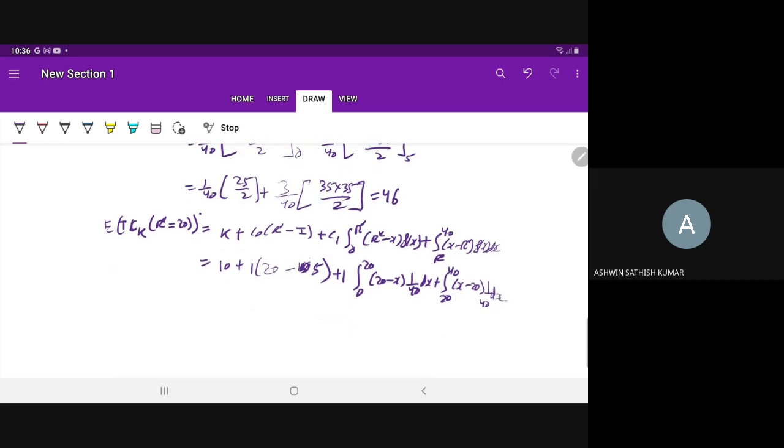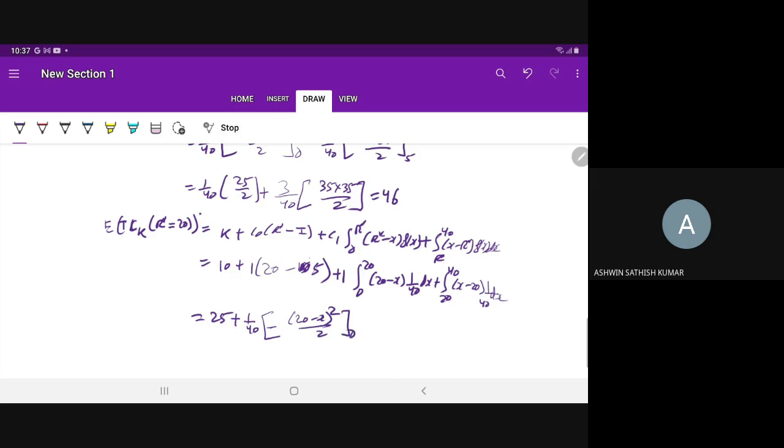So that will come as ETC(K), right? So 10 plus 15, that is 25, plus now the integral.